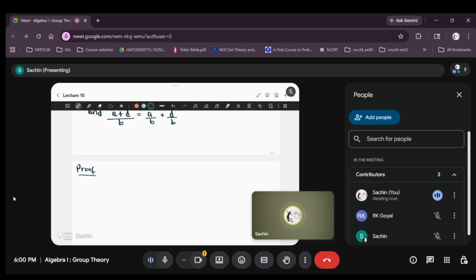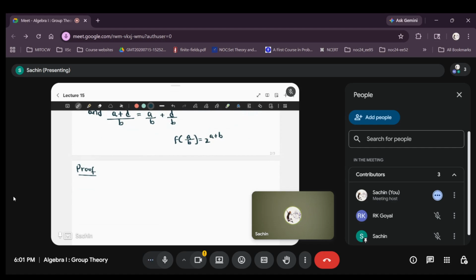So I will give you an example. Suppose you have a function on rational numbers, f of a by b is equal to 2 power a plus b.